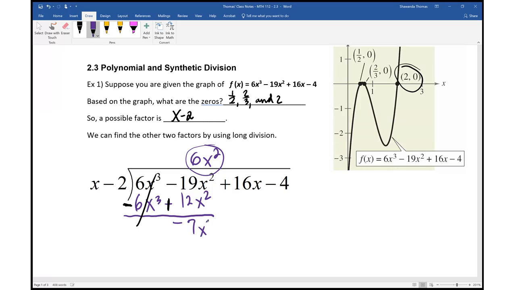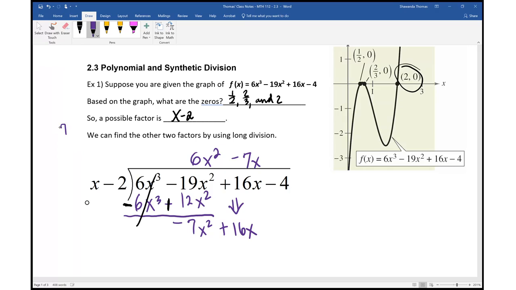And we always bring down one term at a time. And we start over. We determine what times x will give us this negative 7x squared. Or if you want to look at it the other way, you are dividing negative 7x squared by x. What will you get if you divide negative 7x squared by x? You will get negative 7x.